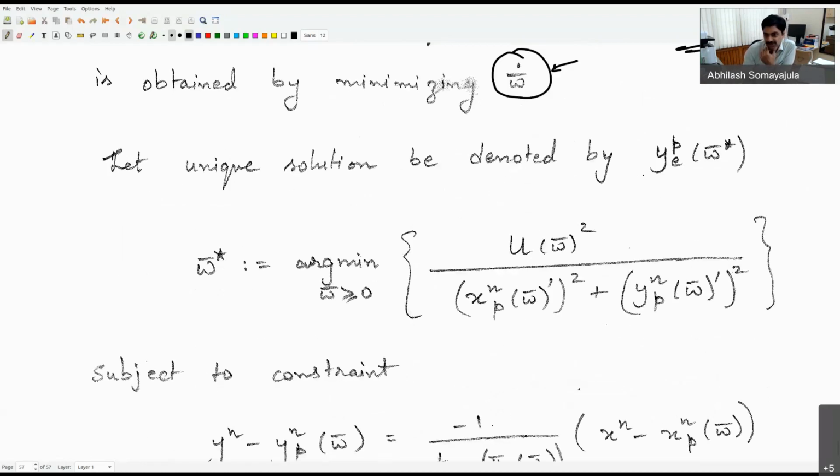Let's say the unique solution is denoted by YPE at omega star. Then that omega star is the argument which will minimize this function, u square divided by xnp prime square plus ynp prime square.